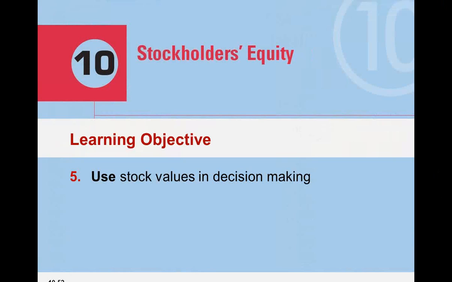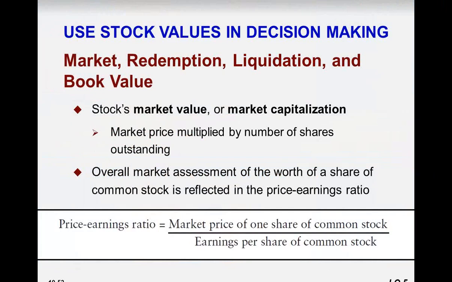So how do we use stock values to make decisions? If we are doing market, redemption, liquidation, and book values, these are all the different values of stock we can look at. The stock's market value, or the market capitalization, is the market price multiplied by the number of shares outstanding. The overall market assessment of the worth of a share of common stock is reflected in the price-earnings ratio.